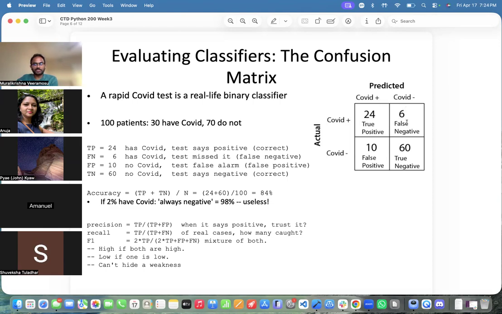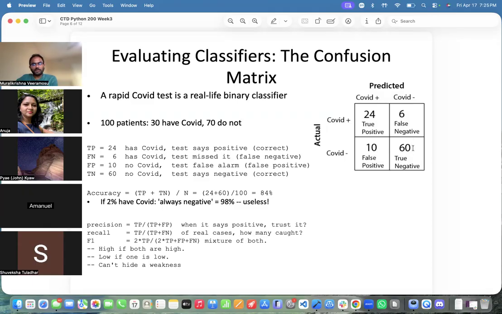So total 6 false negatives. And for 10 people, model predicted positive, but in reality, they are not positive. So 10 false positives.